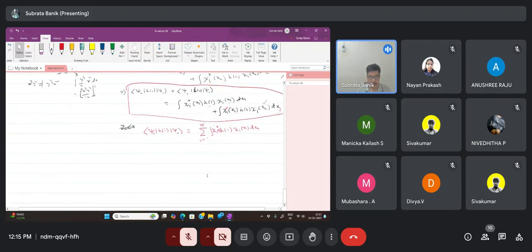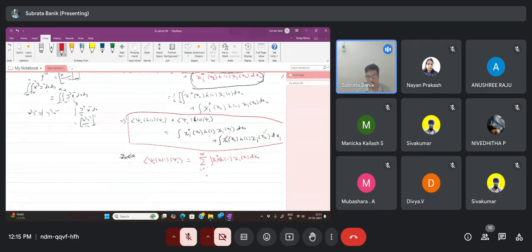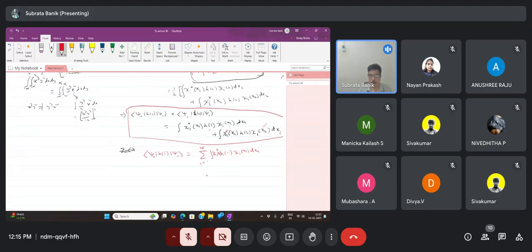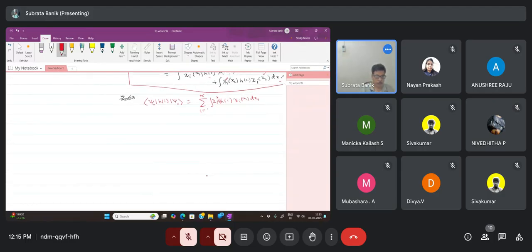So if we compactly write it, all the one-electron terms will just add up. So my original Hamiltonian, if you look at this, will be H equal to the sum of h(i) from i equal to 1 to n, plus, let me write it explicitly, 1 by 2, the sum over i and j from 1 to n, of 1 upon r_ij.